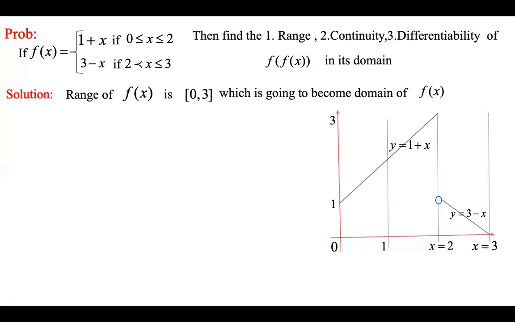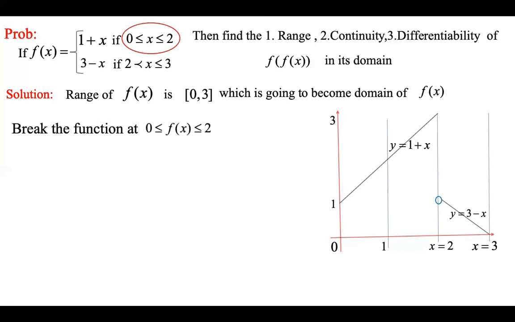This range is going to become the domain of the second f of x, because we are going to compose f of x with f of x again. Therefore, for the first f of x, the range will be the domain of the second f of x. So break the function. The reason is that one f of x will become the variable for another f of x, but that another f of x has pieces.